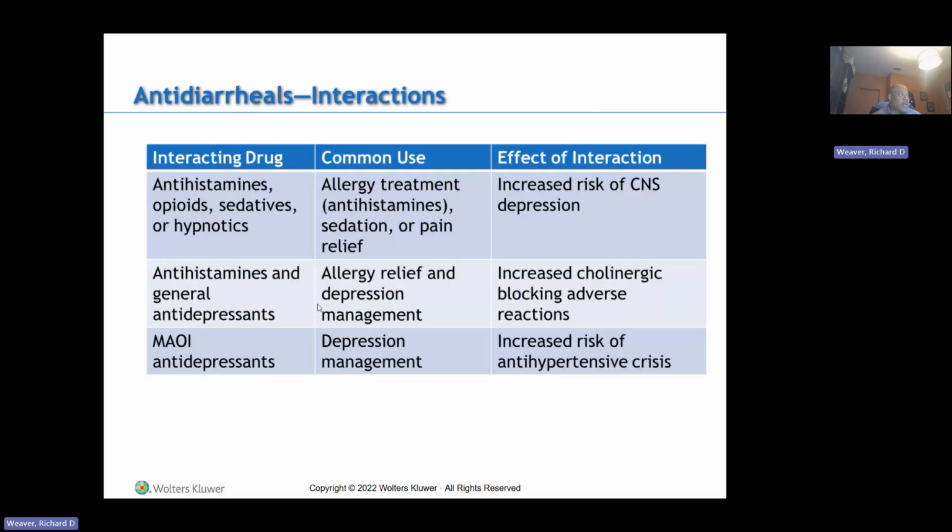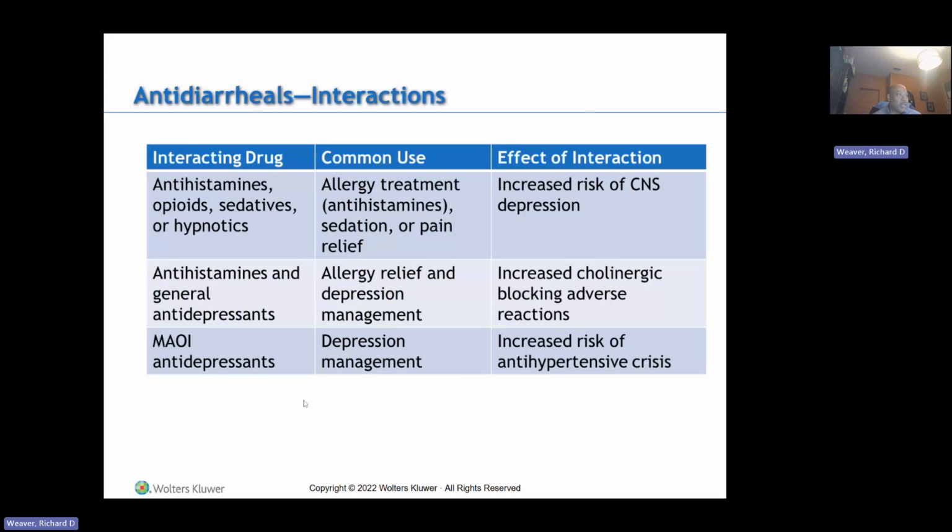And here is the interaction table. When an antihistamine, an opioid, or sedative-hypnotic is given with the antidiarrheals, it can cause an increased risk of CNS depression. So it might depress, for example, respirations. These patients may become more lethargic and unresponsive, and so forth.